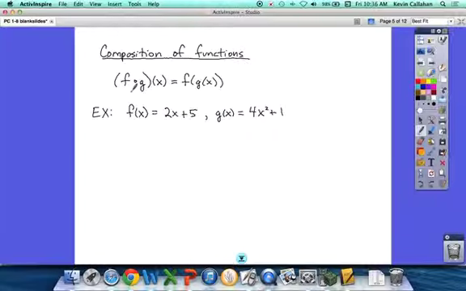Most of the time, if it's written with the little open circle, we rewrite it like this: f of g of x. F parentheses g parentheses x, which you would read as f of g of x. Whether you wrote it like this or like that, that's what you're going to read.